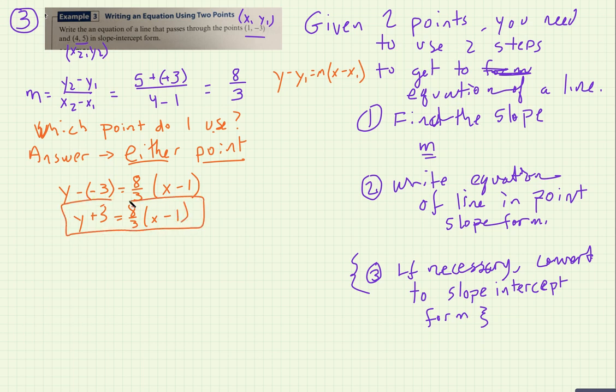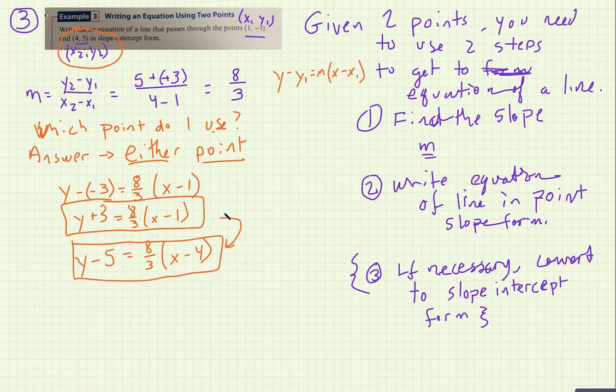That's one answer, but you could have easily answered y minus 5 equals 8/3 times (x minus 4) using our other point. And these are the same line.